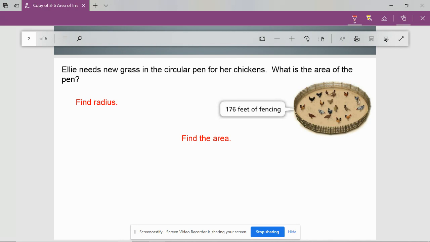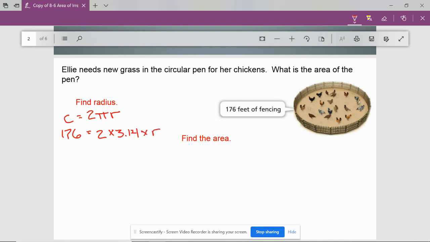We are going to find our radius using circumference equals 2 times pi times r, and now we're going to solve for r. As we plug in our numbers, we have 176 feet of fencing, so that's our circumference. We have 2 times 3.14, multiplied by r.